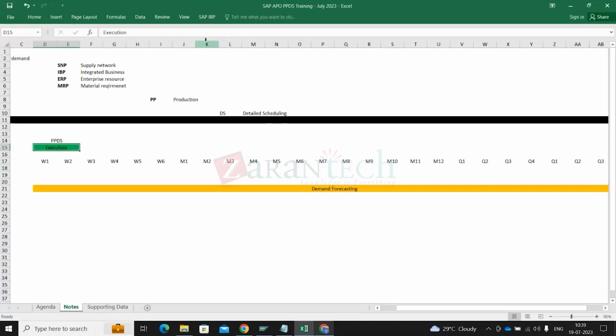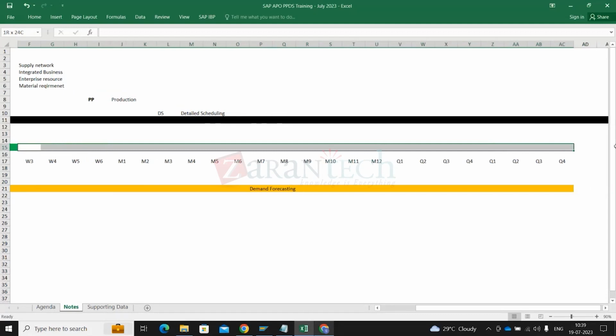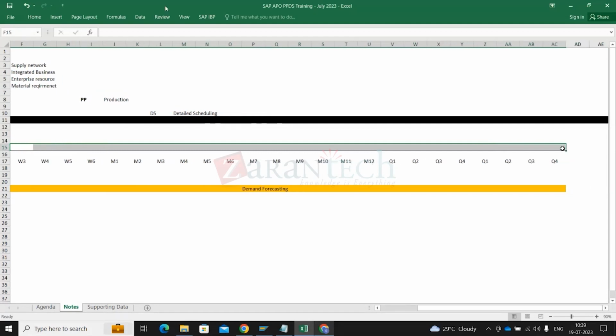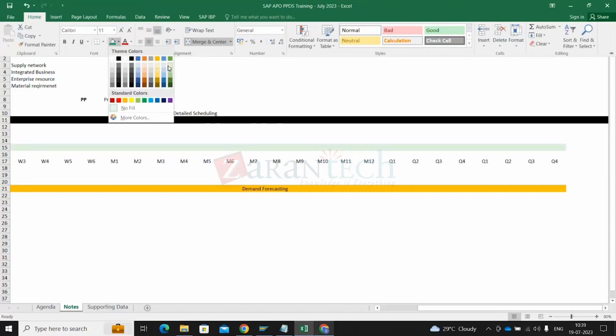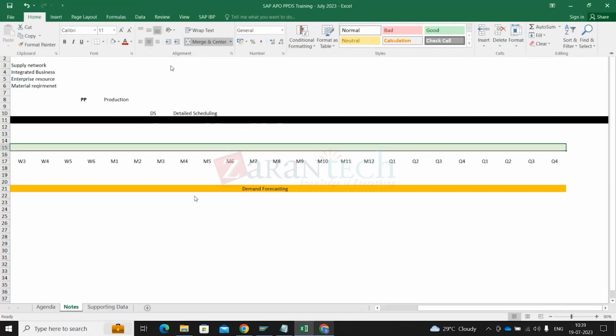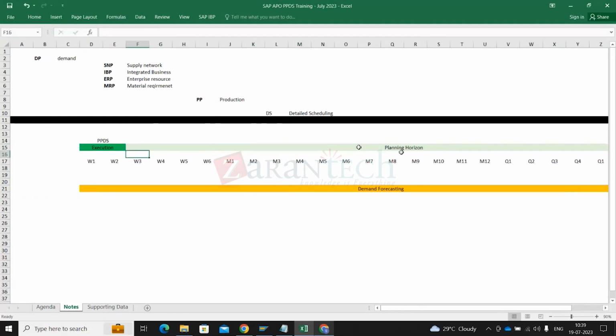Then from week 3 all through the horizon is your planning horizon.